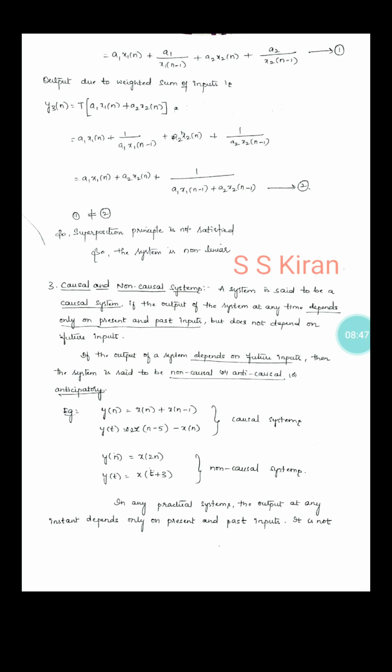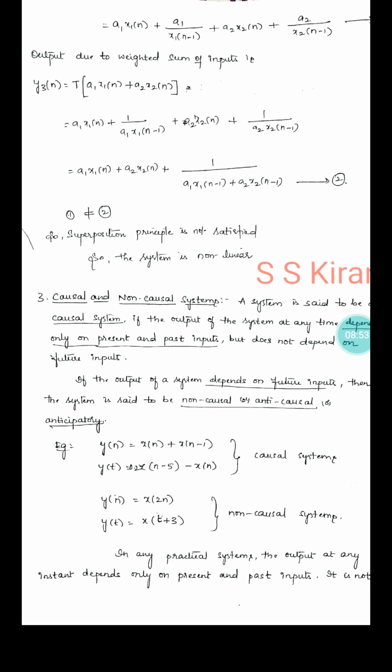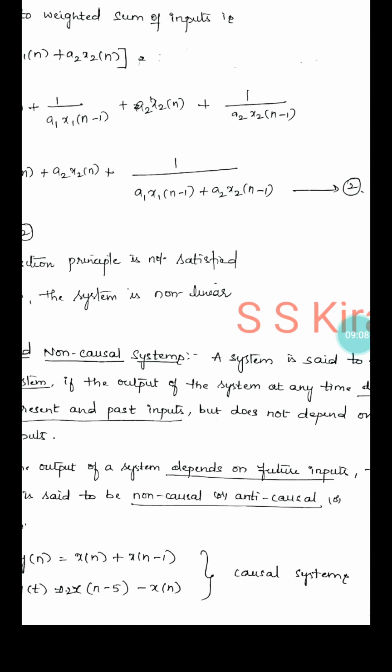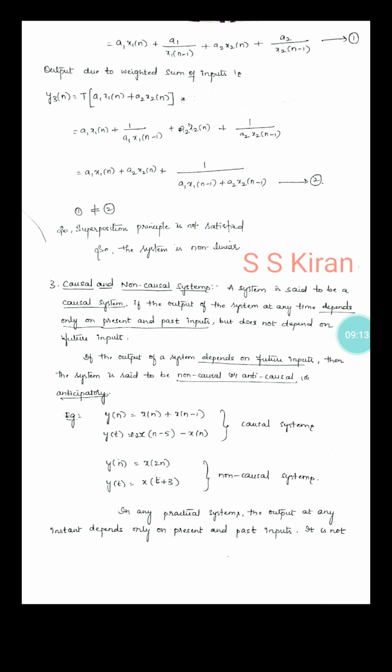That's why those equations are called non-linear systems. The first expression gives a1 into x1 of n plus a1 by x1 of n minus 1, and here a2 by x2 of n minus 1. What we get here is not equal to the first expression, so it does not satisfy the superposition theorem, and the system is called a non-linear system.